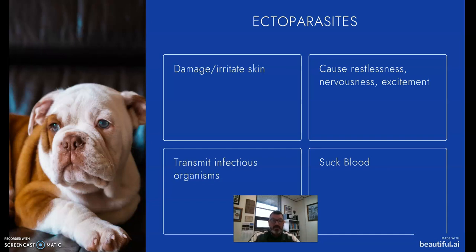So there's a number of different things that can happen. Not to mention that those ectoparasites can transmit infectious organisms and cause other types of disease that those pests may be carrying. Most of the time when we talk about ectoparasites, it's just simple restlessness, some nervousness or excitement that may be problematic with the animal. And of course, they obviously are very common to suck blood, like we talked about mosquitoes and flies.